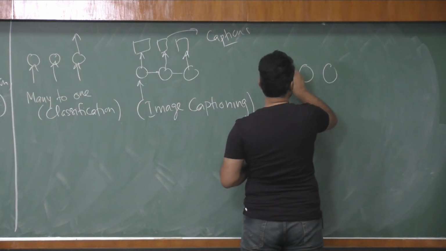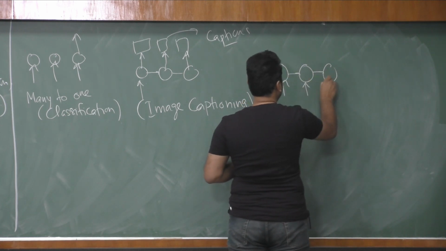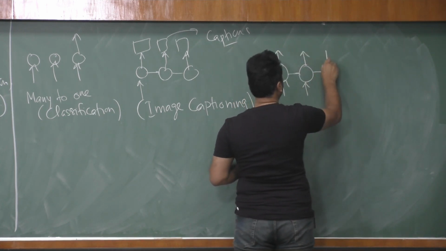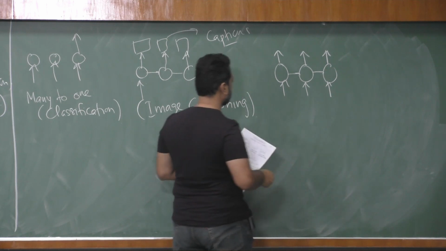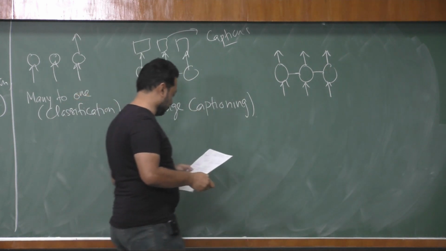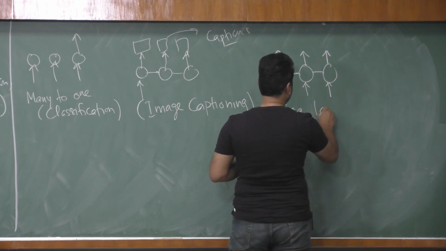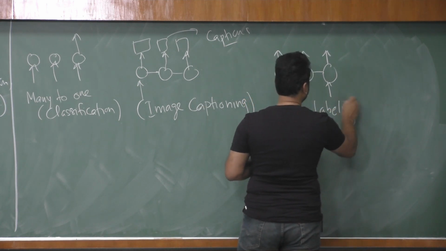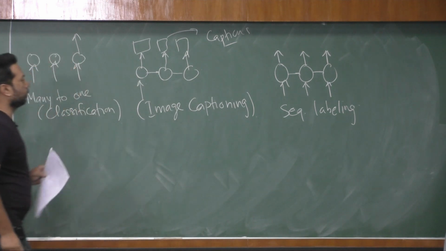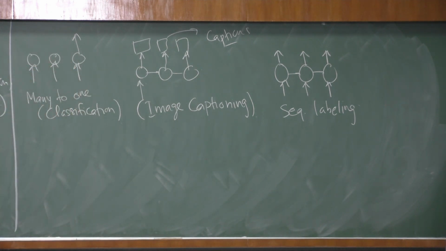So something like this. We have also described this in the last class. It could be, let us say, a sequence labeling problem, or describing each word, whether it's a noun, verb, adverb, adjective, and things like that.